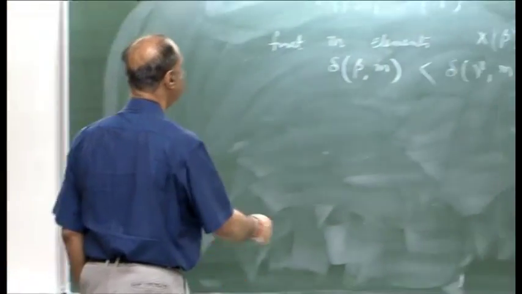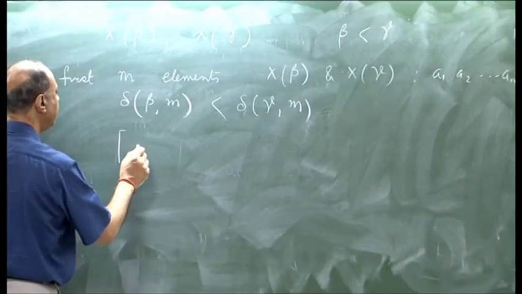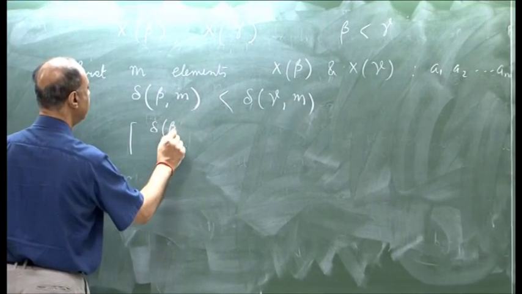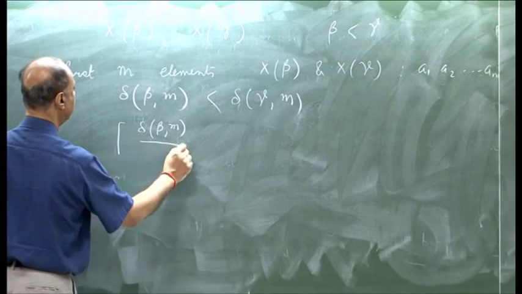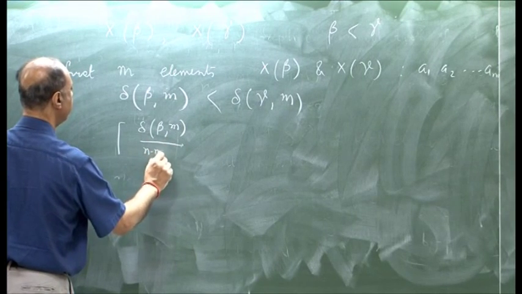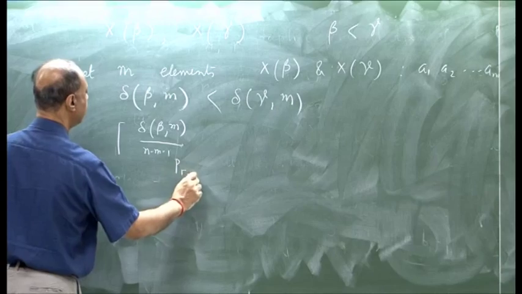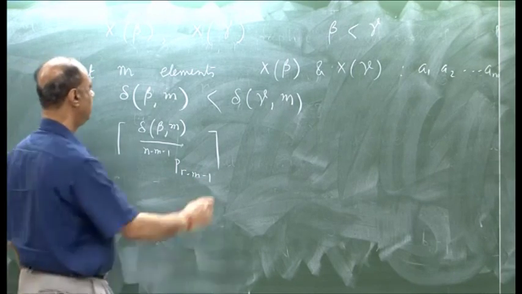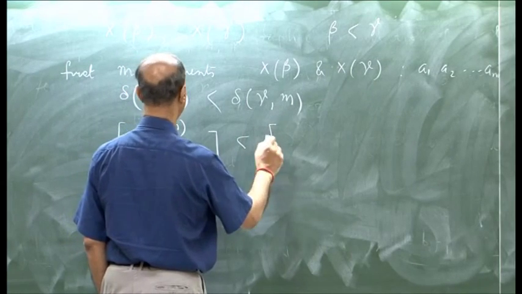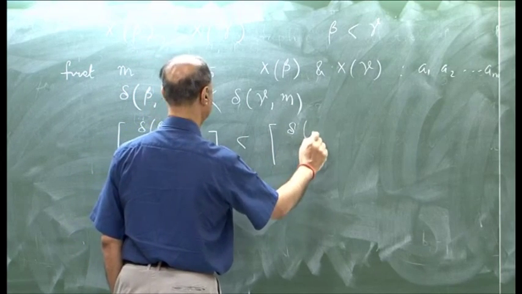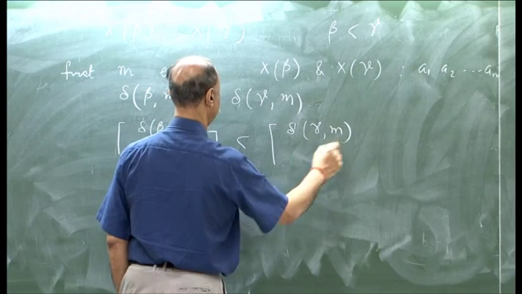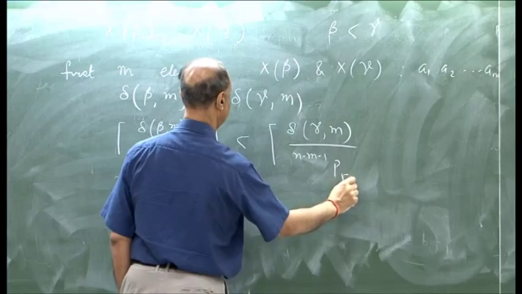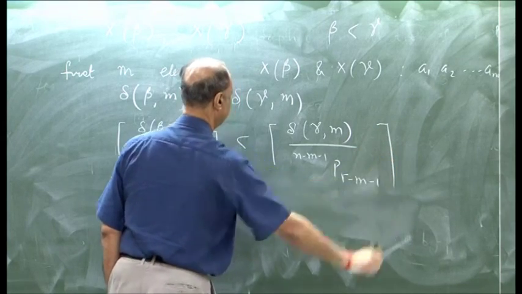Now, you will be dividing, or you have to find out the group number, which is given by delta beta m divided by n minus m minus 1 P r minus m minus 1, less than, right?